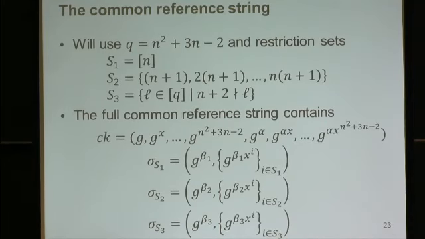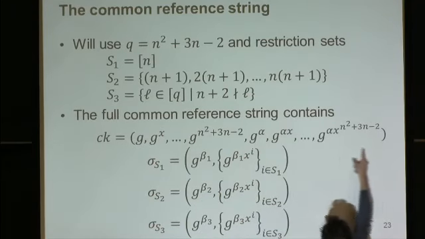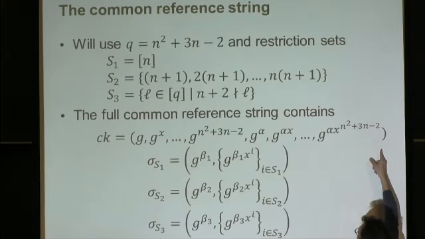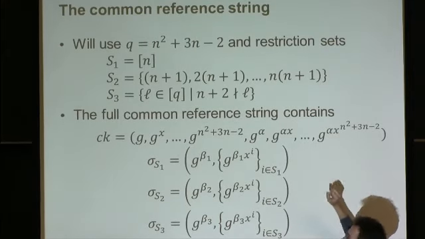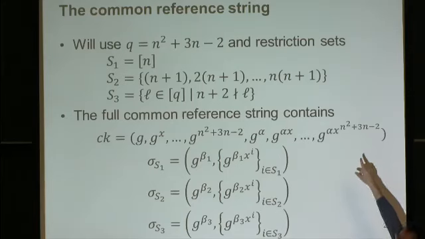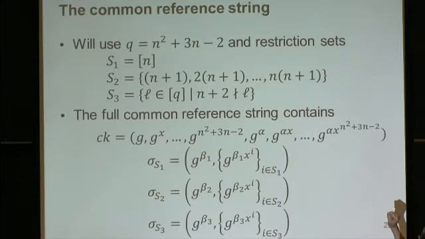It'll contain the key for the commitments, the key for the knowledge commitments, and Q is n squared plus 3n minus 2 for some reason. So you see it's a quadratic size common reference string.